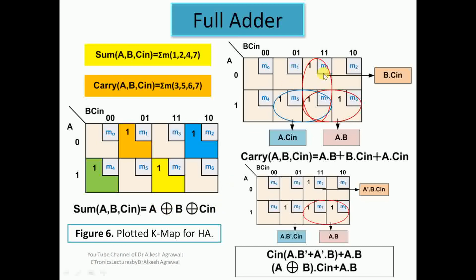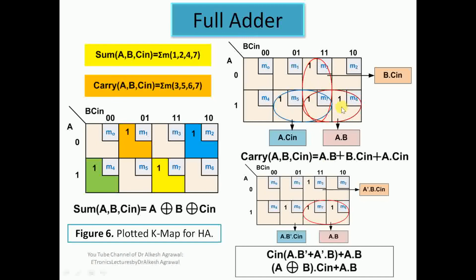And now for calculation of carry output we have carry as a function of A, B, C in with minterms 3, 5, 6 and 7. Here we have 3 groups, combining 2 minterms at a time. We have one group of M3, M7, another group of M5, M7, and another group of M7 and M6.